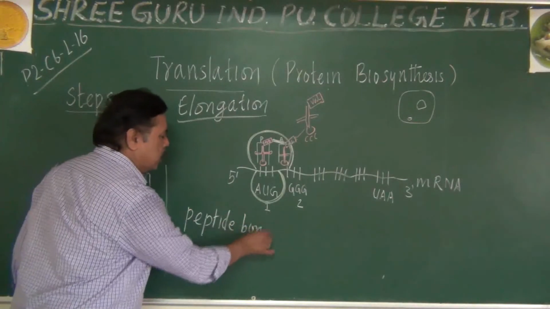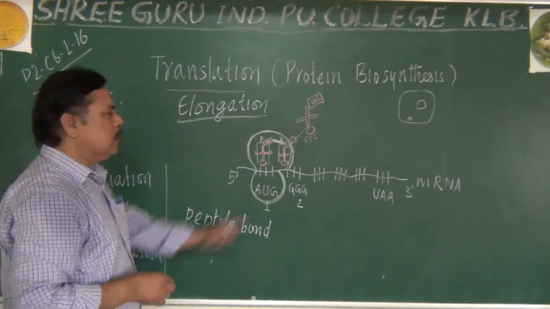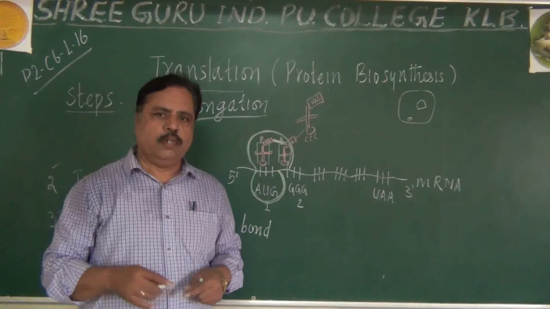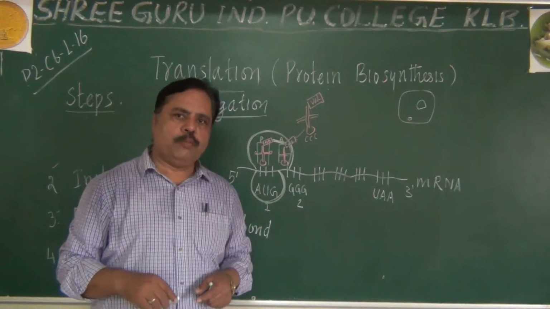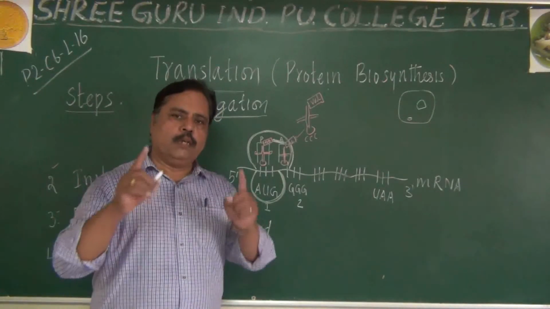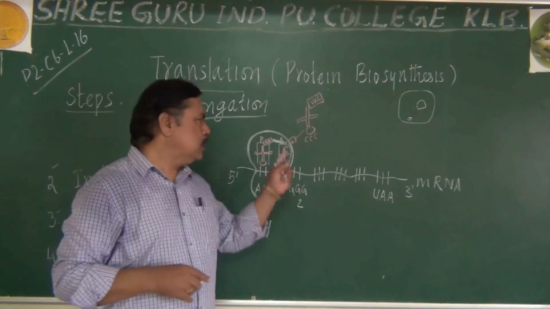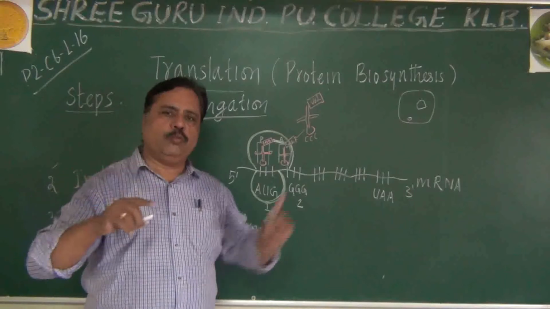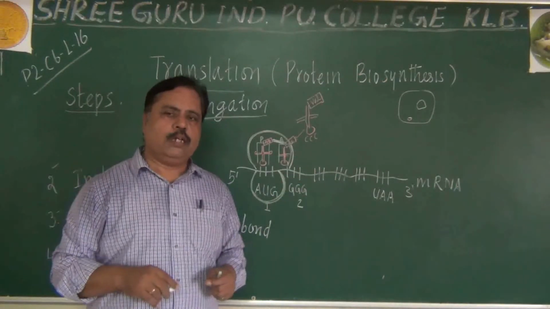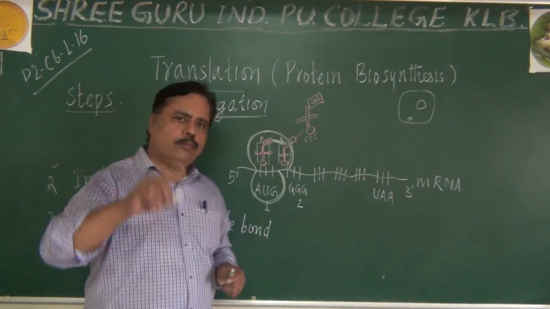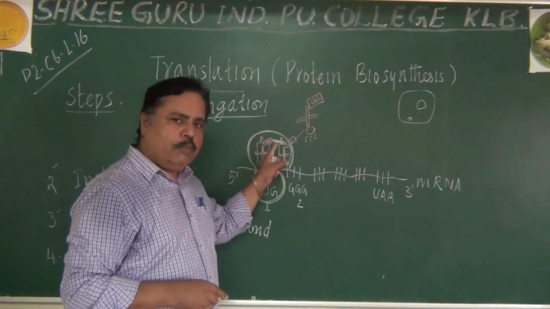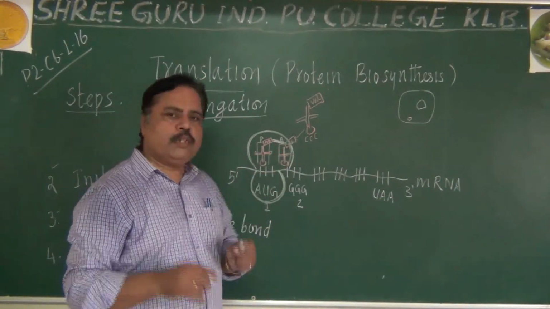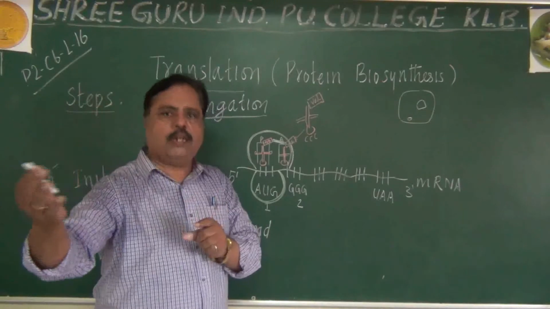You may be remembering the structure of an amino acid. In the first year you studied biomolecules. In any amino acid, on one side an amino group, NH2 group, and on the other side an acidic group, COOH group, will be present. So the NH2 group of one amino acid will react with the COOH group of the second amino acid.